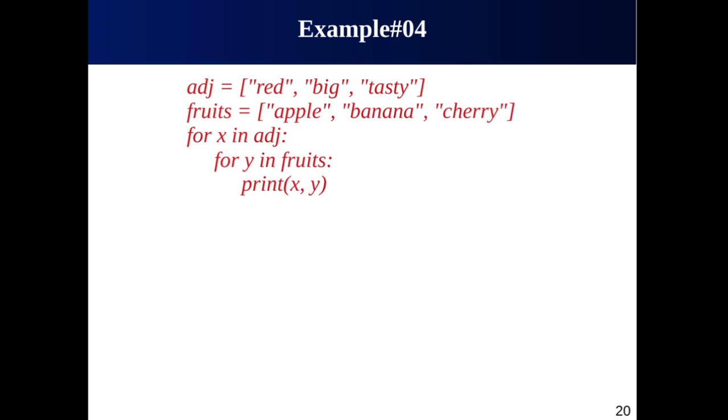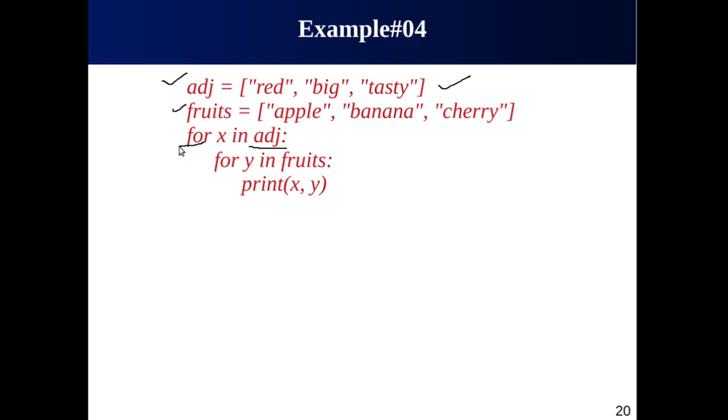Example number 4, actually it demonstrates the concept of a list or the concept of an array, which is also called array. Array or list is going to be the topic of our discussion for the next week. But what I want to explain from the program is that instead of the range, we can actually use the name of a list as well in the for loop.